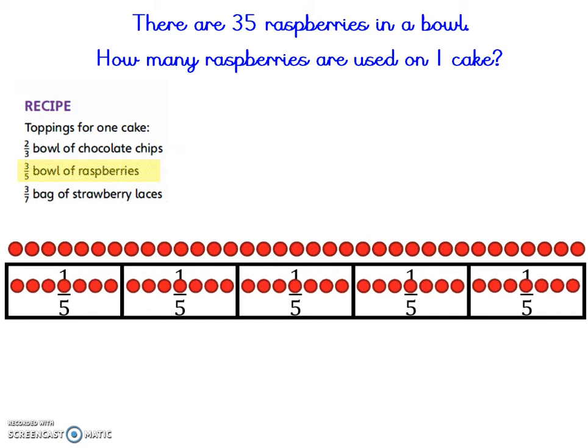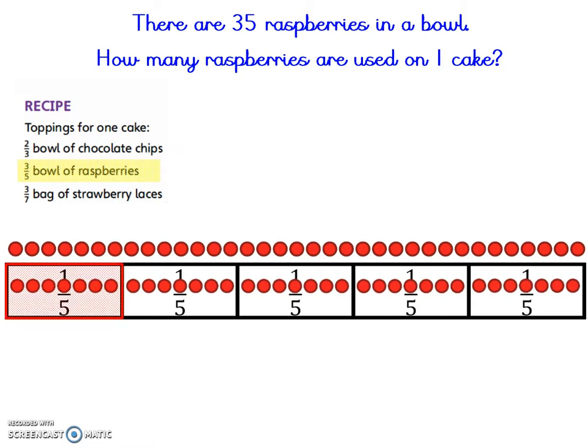So my bar is split into 5 equal parts, and I've shared my 35 raspberries into 5 equal groups. We can see here that 1/5 of my 35 is represented by 7 raspberries.